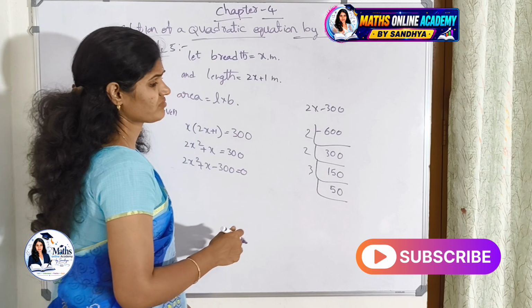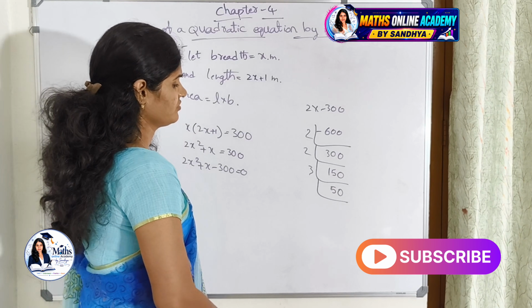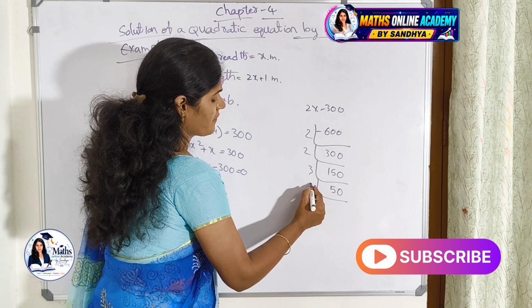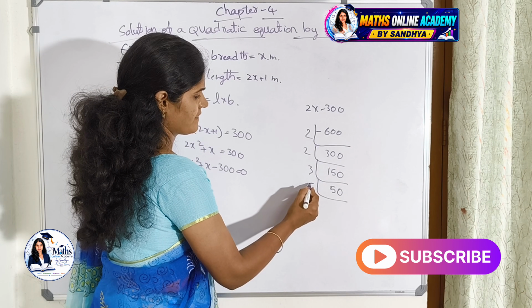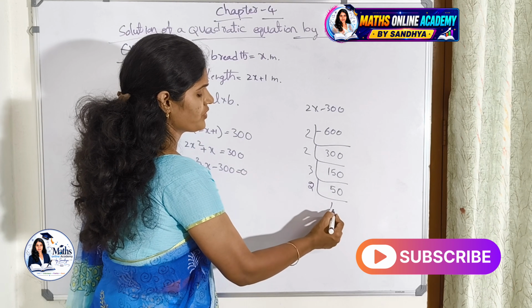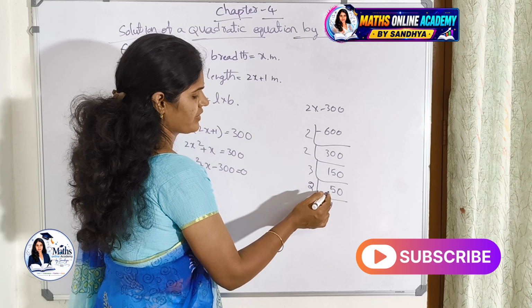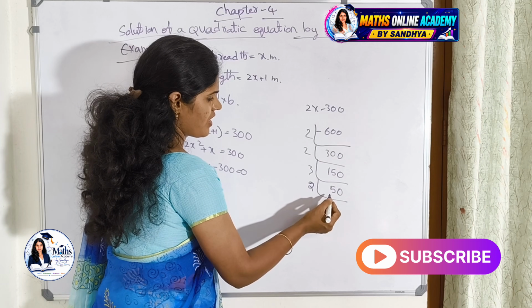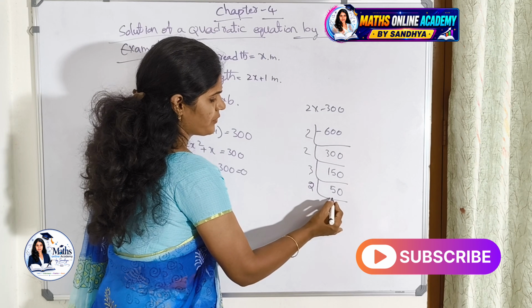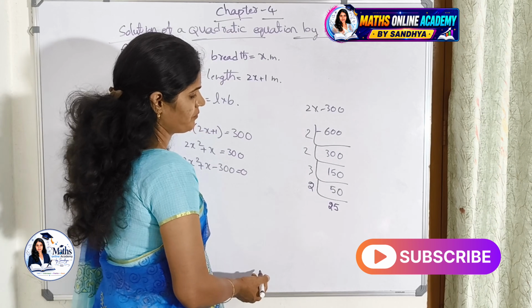You take the 2 table. 2 1s are 2, 2 2s are 4, 2 5s are 10.